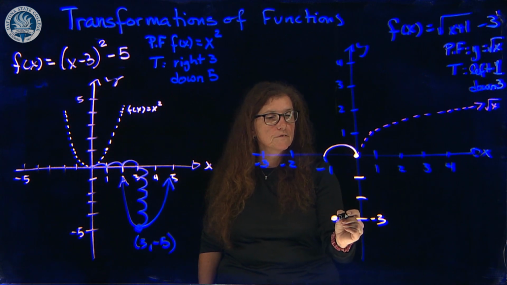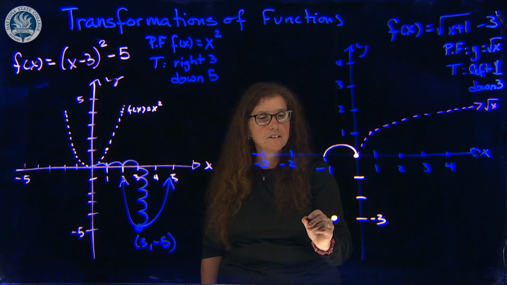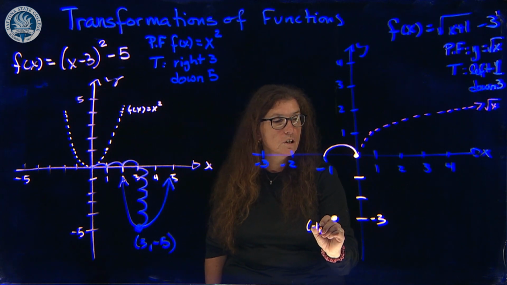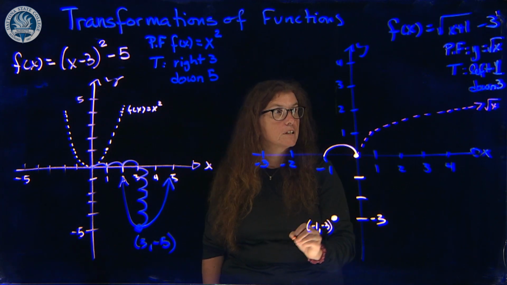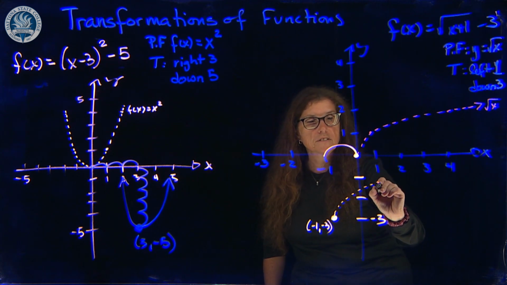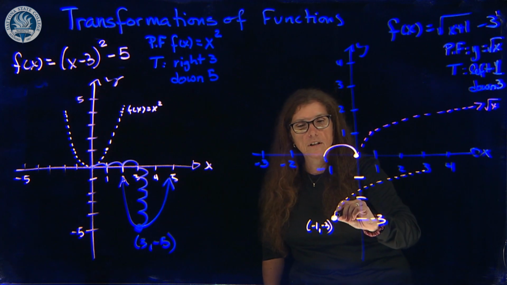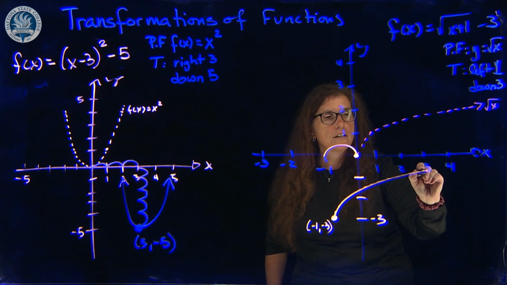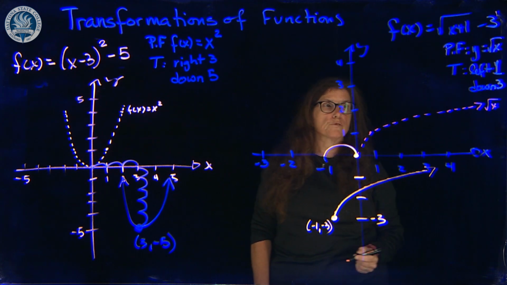My new point of reference ends up right down here at (-1, -3). Then I make a sketch, and here you go. That would be the transformation.